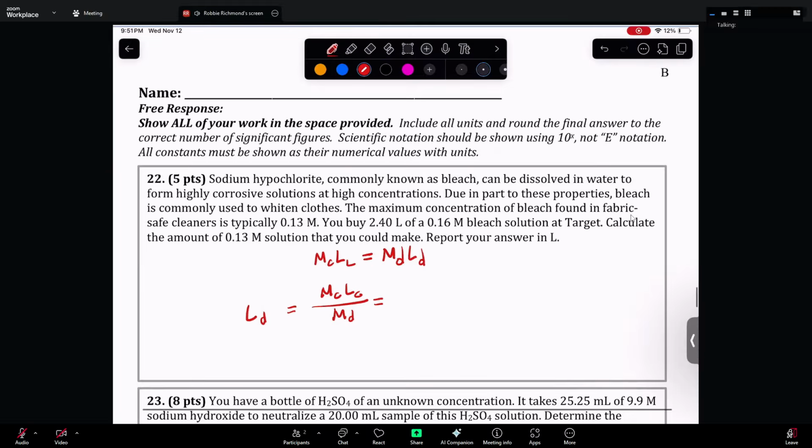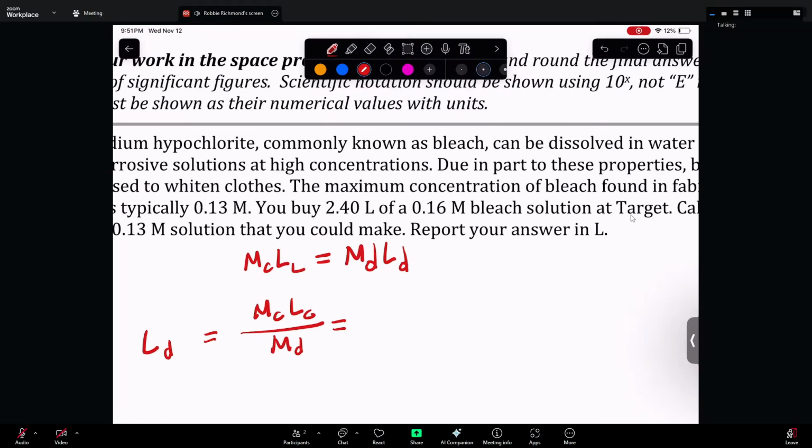And I'm just going to plug in our variables. So MC, that's going to be our 0.16 molar. Then we have 2.40 liters of that concentrated solution. Then we're just trying to make 0.13 molar of that diluted solution.